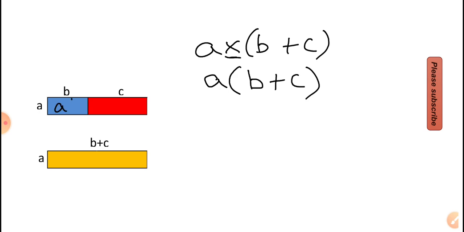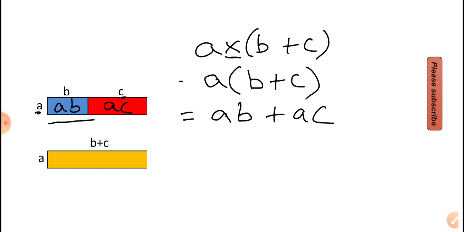Well, A times B would just be AB, and then what's A times C in red? It would just be AC. So the answer would just be AB plus AC. So the area of this whole rectangle is AB plus AC.